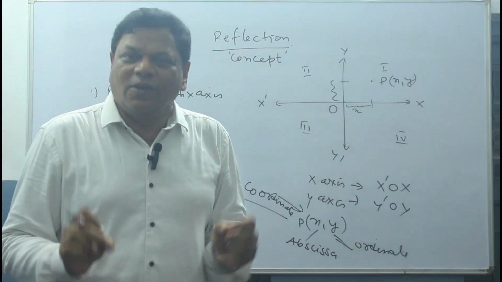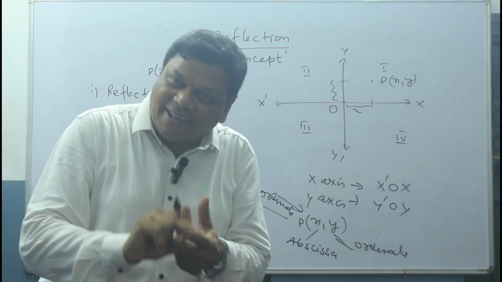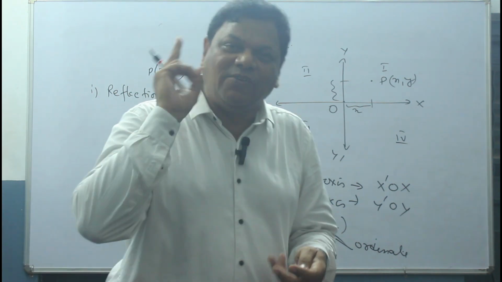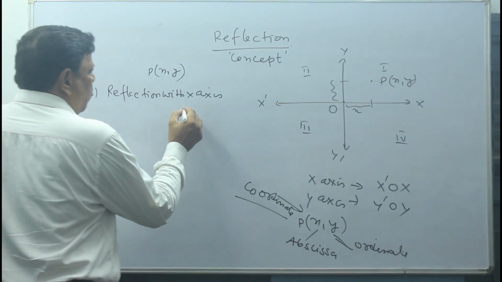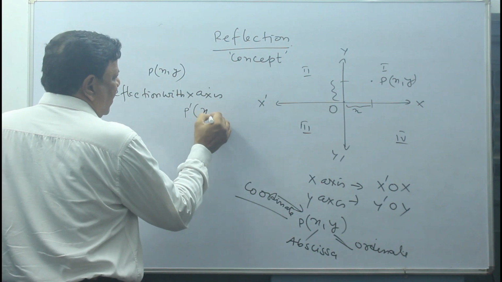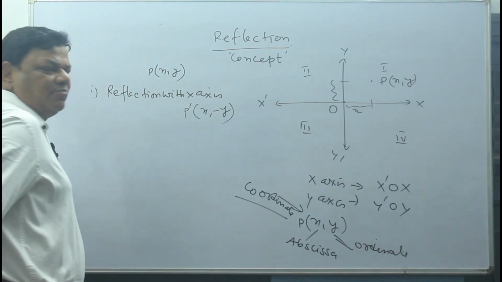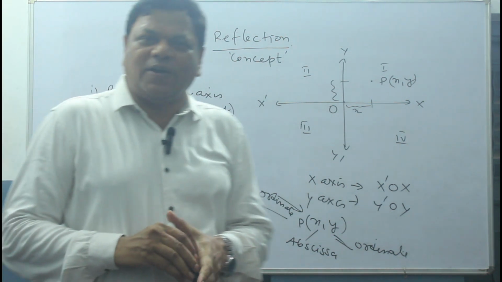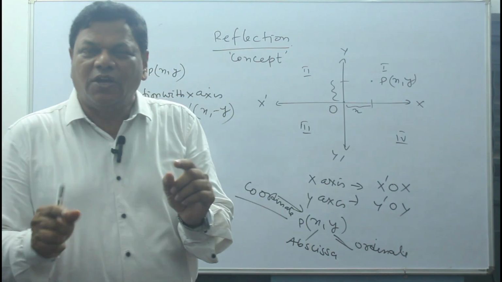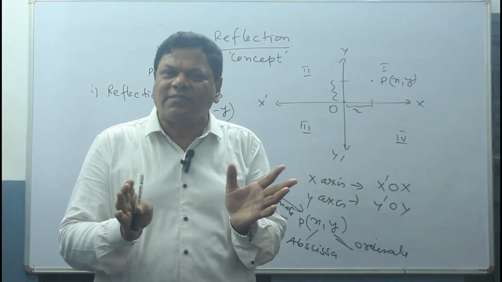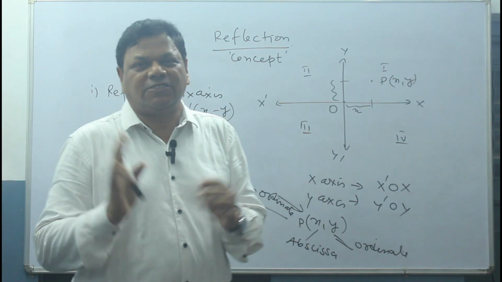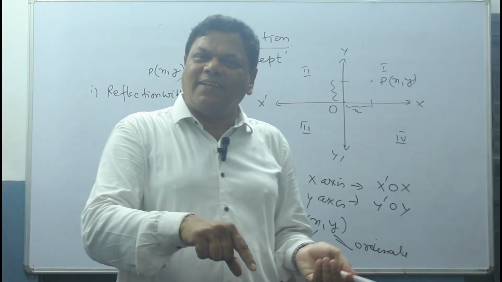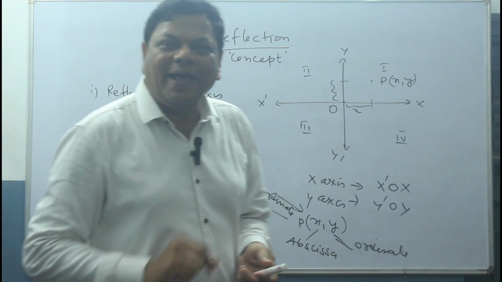Clear? That means the point will be (x, -y). Again, try to understand: reflection with the x-axis, the sign of y will change.